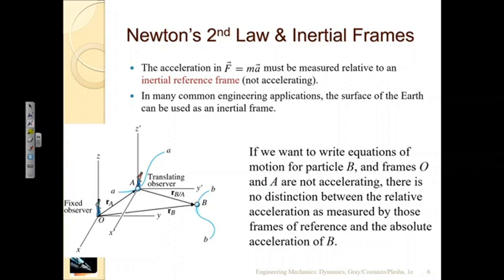So sum of forces in the big Y, positive heading up: mg going down, acting on me. I'm looking at me. N going up is equal to mass times my acceleration in the y direction.